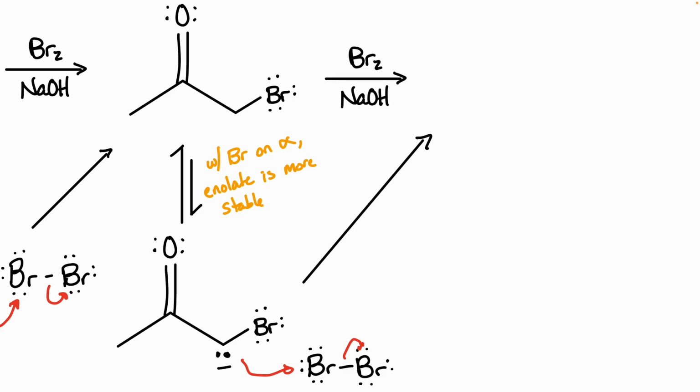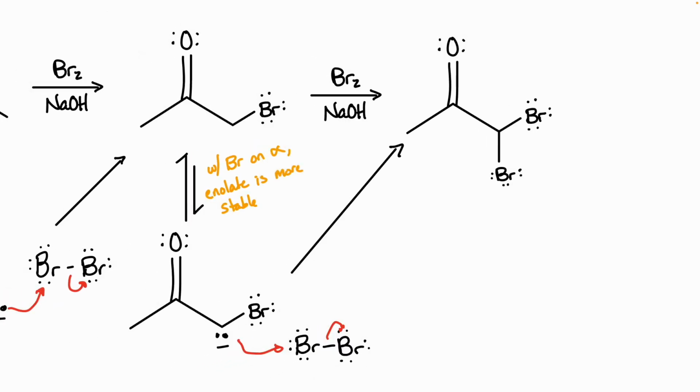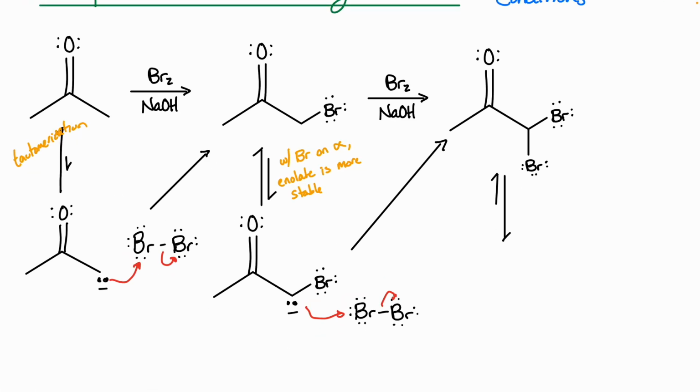Now we have two bromines on there. And what do we think is going to happen to the stability of that enolate ion when we put two bromines on there? Now it's even more stable. So now our equilibrium favors that enolate ion even more. So, et cetera, et cetera, et cetera.